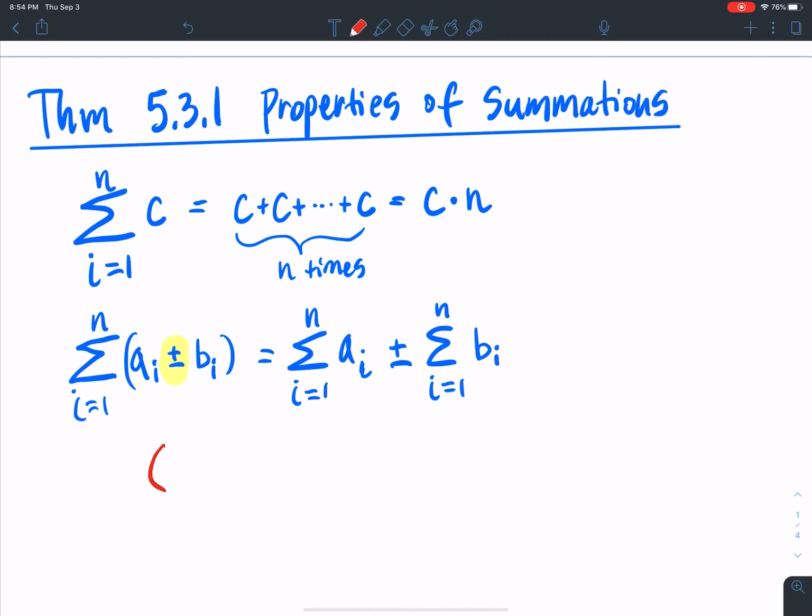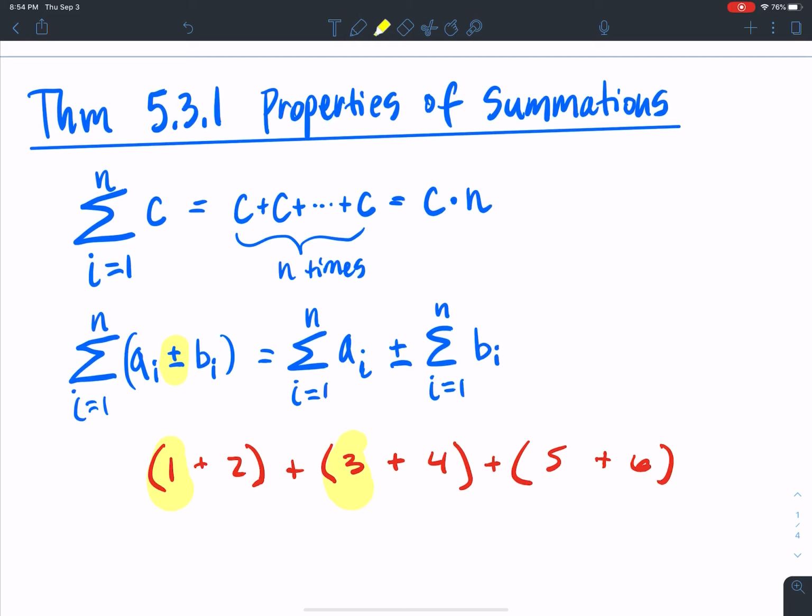which kind of makes sense if I'm just adding numbers like 1 plus 2, and then the next one is like 3 plus 4, and then the next one is 5 plus 6, and we just keep going on and on.